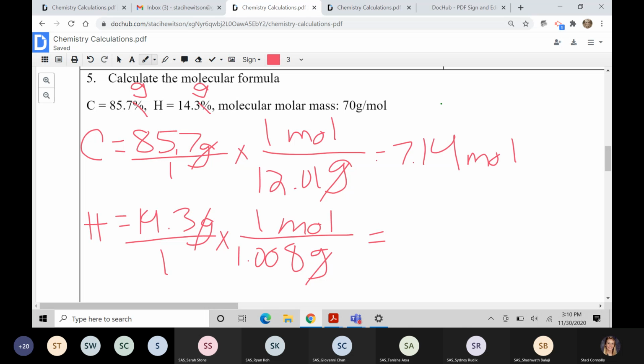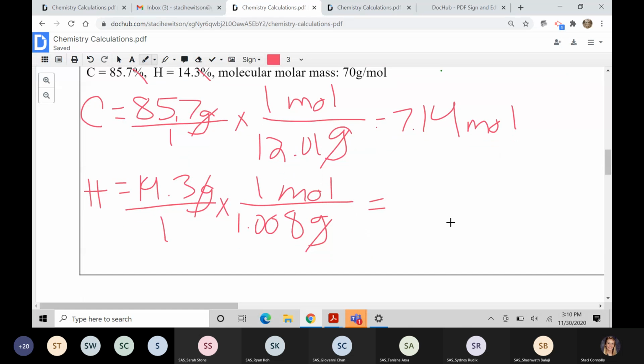Ravi, hey, what did you get when you divided these two numbers? 14.1867. 14.1.